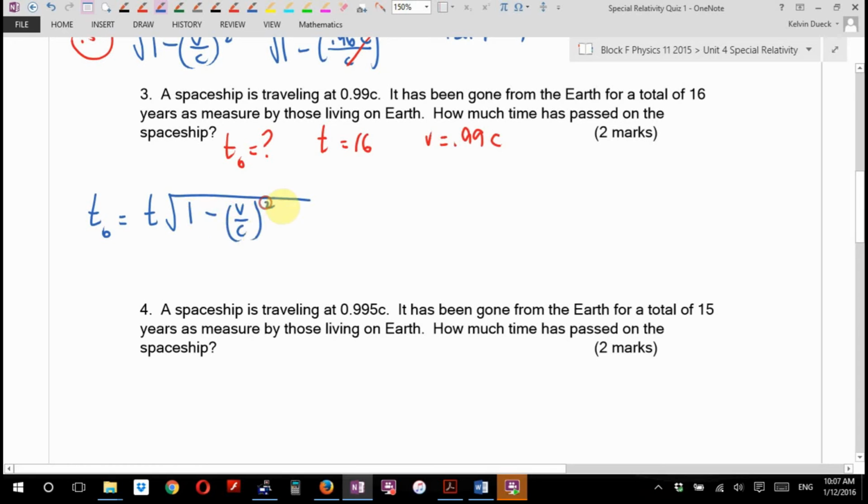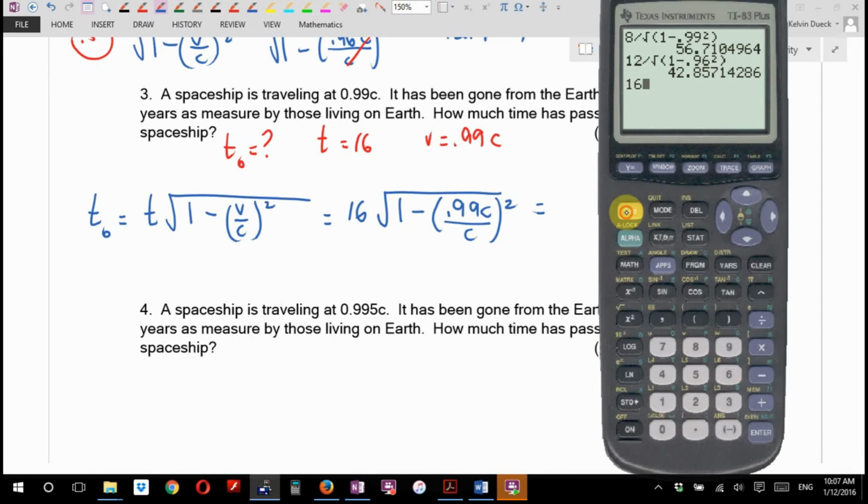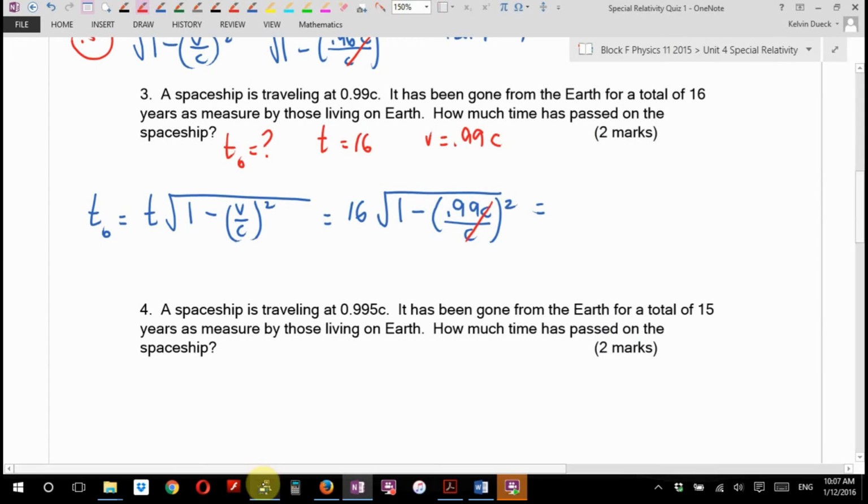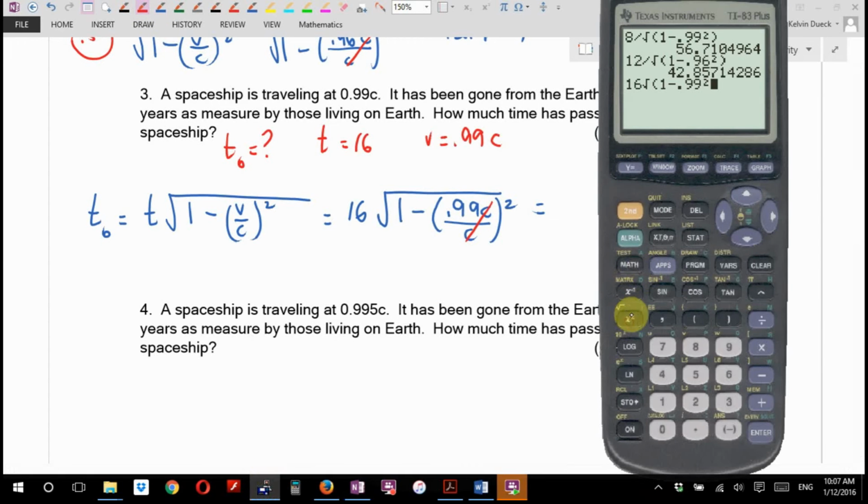Is that okay? It's going to be 16 times the square root of 1 minus 0.99 C over C all squared. It's going to be 16 times the square root bracket 1 minus 0.99. Oh, the C's cancel. Yay! So I could just square that.